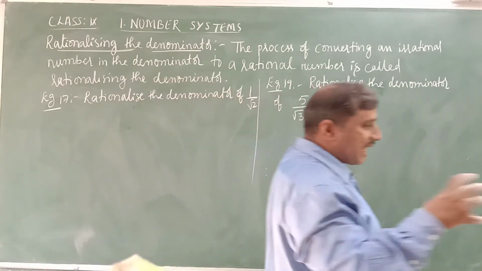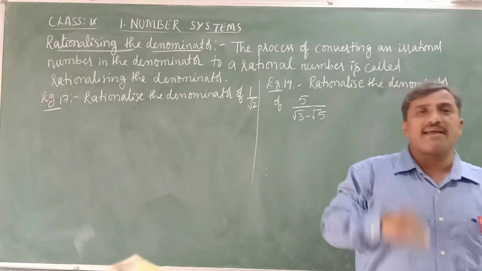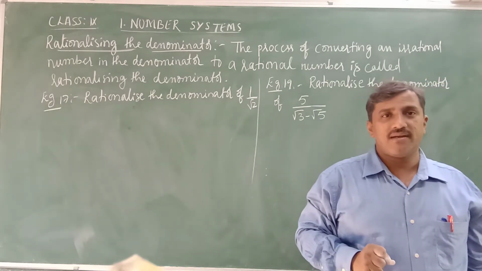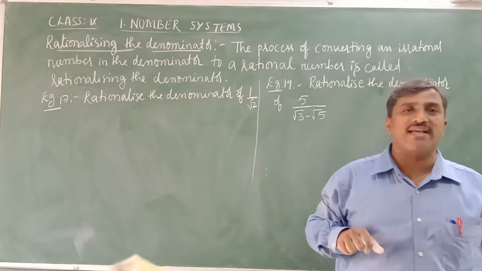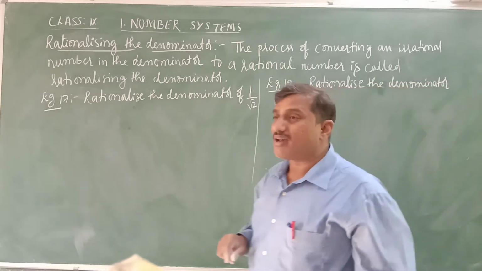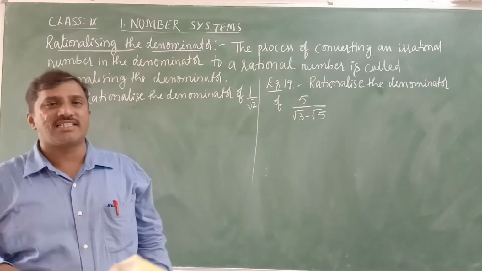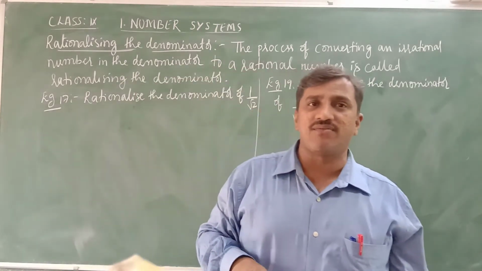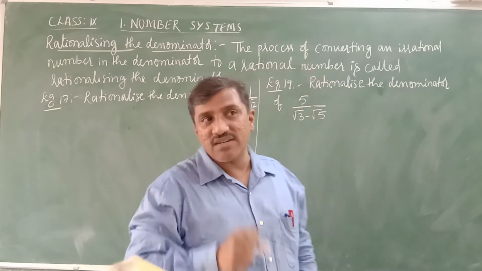When we multiply an irrational number with some number and the product is a rational number, then the number used to multiply is known as the conjugate or rationalizing factor. Like the reciprocal we have studied, each number is the conjugate or rationalizing factor of the other number. So here we are using the rationalizing factor.